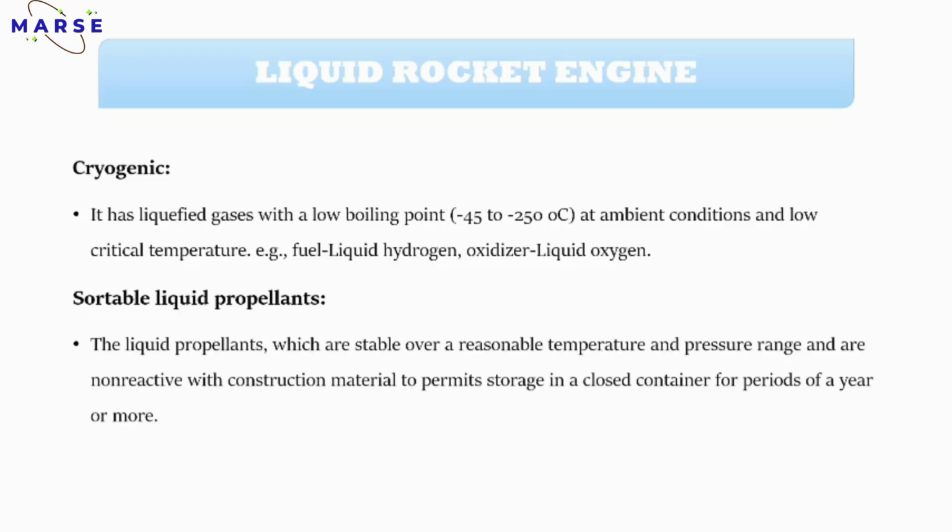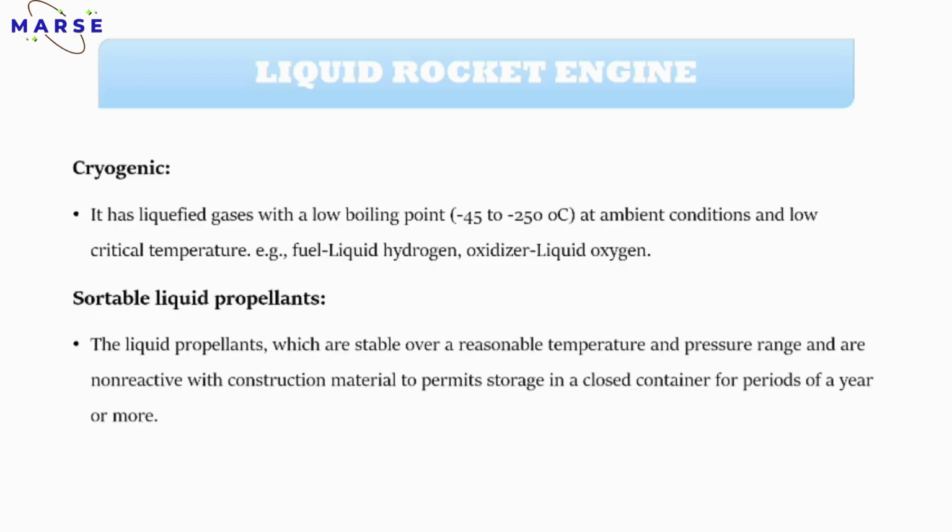The next one, then, is the storable liquid propellant. Liquid propellants which are stable over a reasonable temperature and pressure range, and are non-reactive with the construction material, to permit storage in a closed container for a period of a year or more.